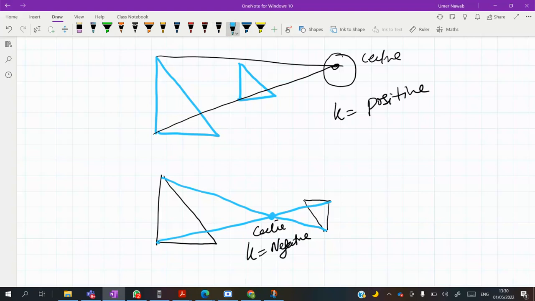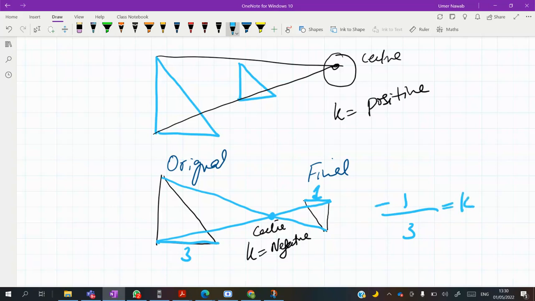So how will I write it? Suppose this is the original shape and this is the final shape. If this length is 1 and this length is 3, the final over original, 1 over 3, is the scale factor, but I will write it as minus 1 over 3 since the center is in between.